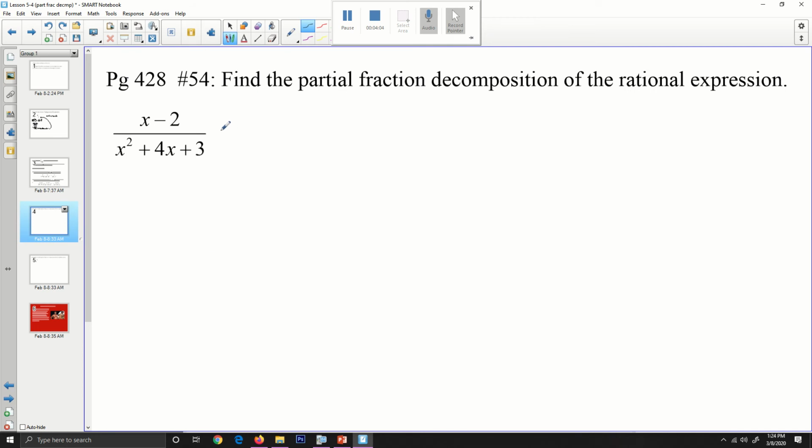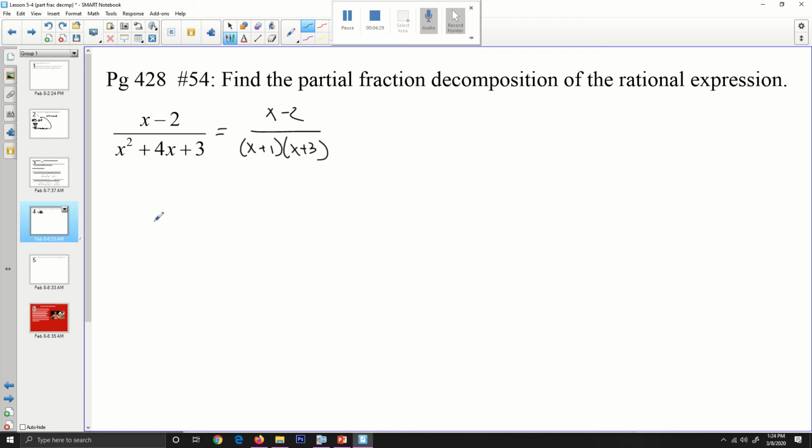And just like in the last one, we are going to start by factoring this expression. Okay, so this thing here is going to be x minus 2 on the top, and then let's see here. Two factors of 3, positive 3, that add up to positive 4. That's pretty easy. You get x plus 1 and then x plus 3.